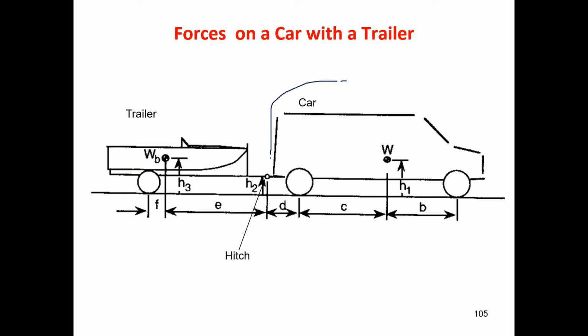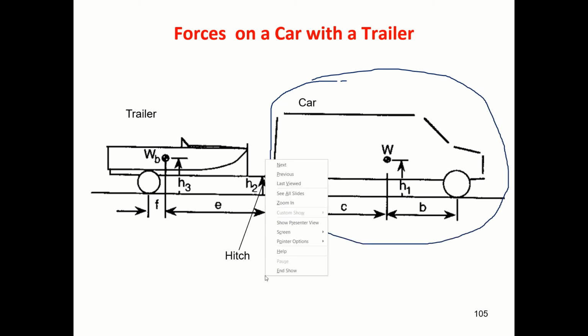This is the car, part of it. As discussed earlier, this is the center of gravity of the vehicle. W is the weight. This is the height of the center of gravity. This B and C are the distances. At point D you have a hitch.